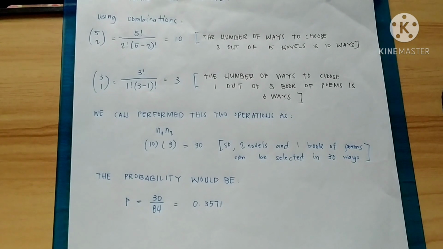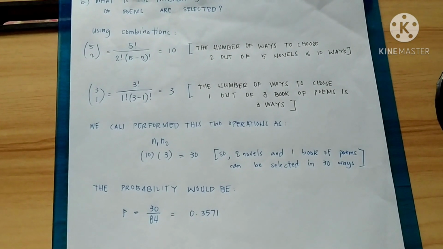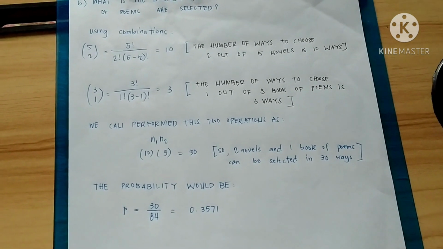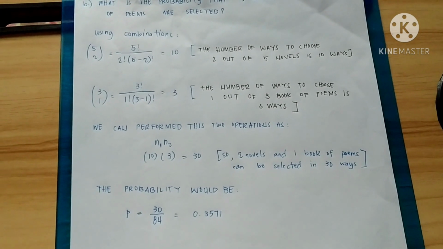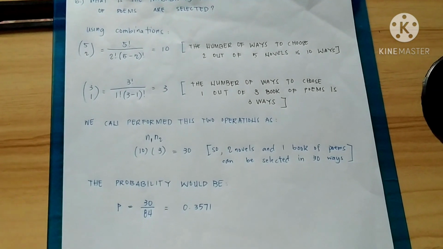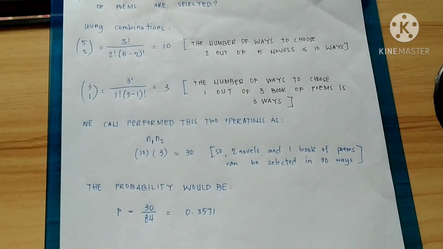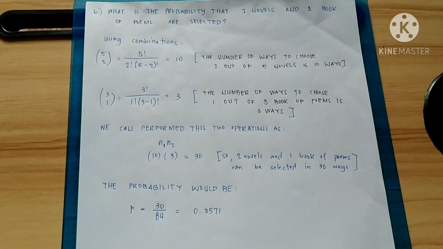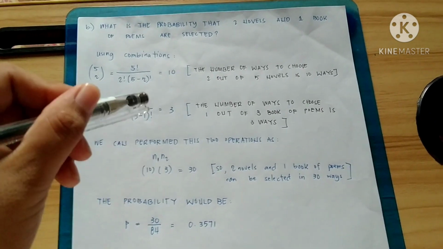So if the first operation can be performed in 10 ways, which is the number of ways to choose 2 out of 5 novels, and for each of these ways, the second operation can be performed in 3 ways, which is the number of ways to choose 1 out of 3 books of poems, then these 2 operations can be performed together in n1 multiplied by n2.